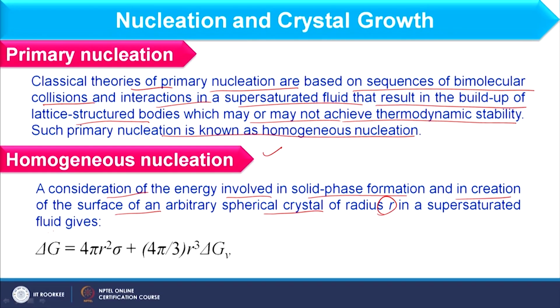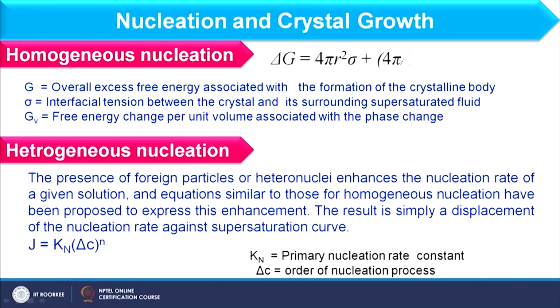The energy is given by ΔG = 4πr²σ + (4π/3)r³ΔG_V. Here ΔG is the overall excess free energy associated with the formation of the crystalline body, σ is the interfacial tension between crystal and solution, and ΔG_V is the free energy change per unit volume associated with the phase change.